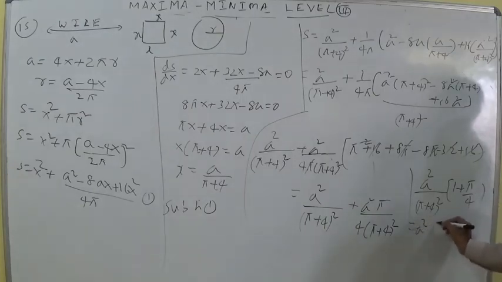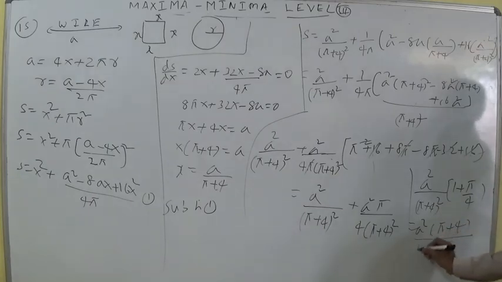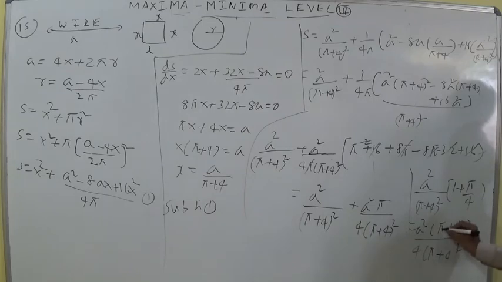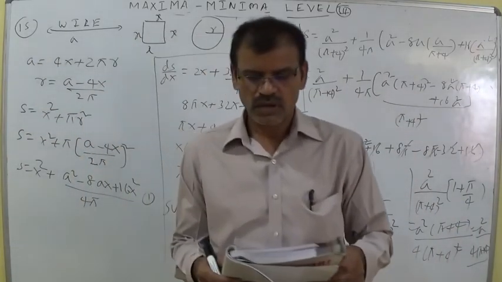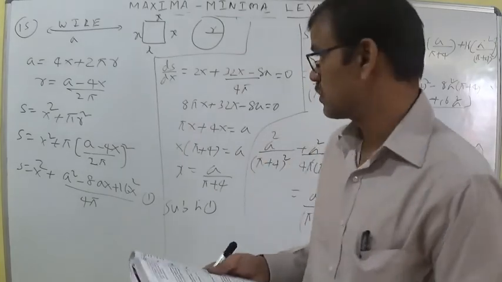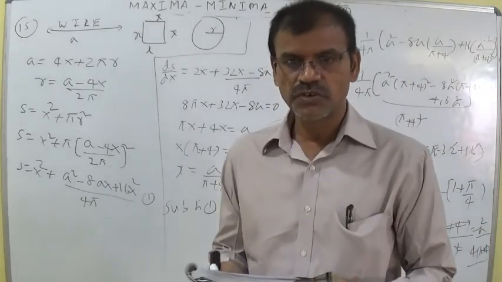Next step, a square into (pi plus 4) by 4 into (pi plus 4) whole square. Pi plus 4 got cancelled. At last we got the value, students, a square by 4 into (pi plus 4). That is the answer, the fourth option. Okay, let us continue in the next class.